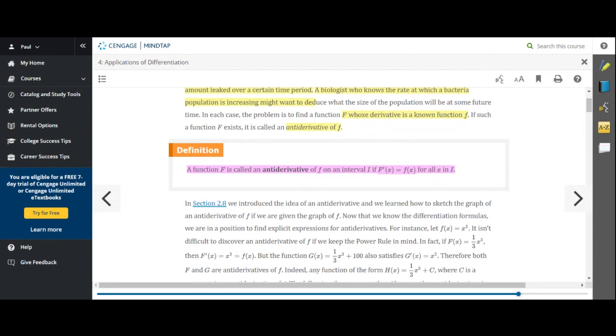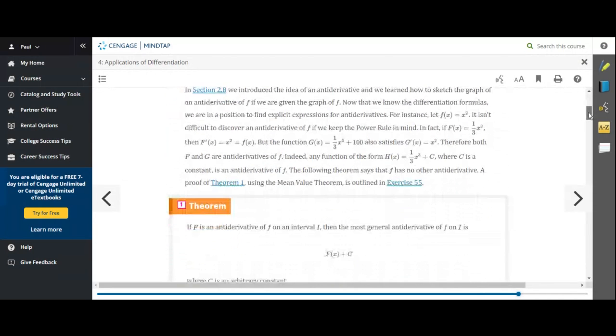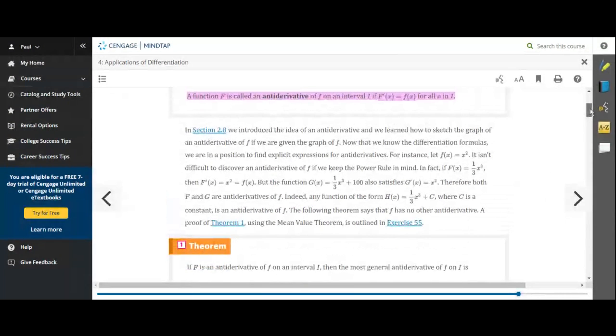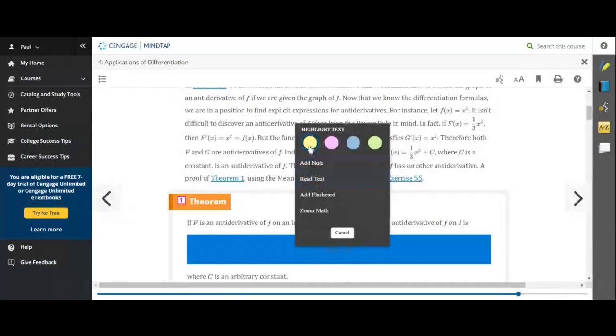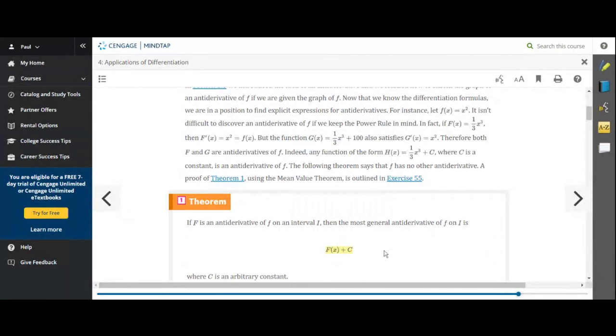So the derivative of capital F of x equals little f of x for all x in the interval. And they talk about what a general antiderivative would be. A general antiderivative is going to have a constant c after it.